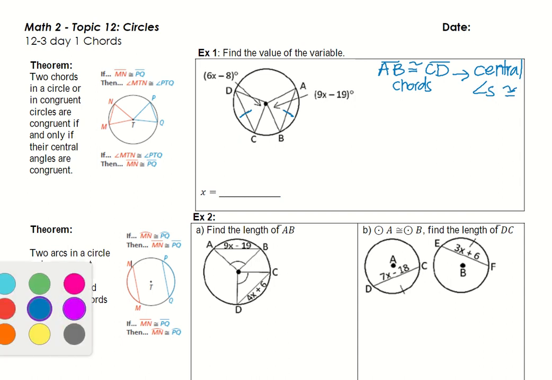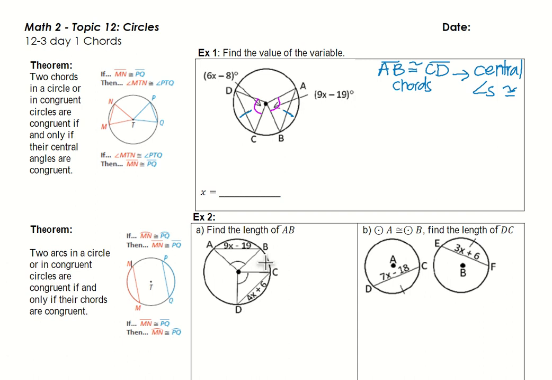So that means that I know that this angle and this angle that open up to those congruent chords are also equal. So I can take these measures that they've given me, 6x minus 8 and 9x minus 19, and then that will allow me to solve for x.